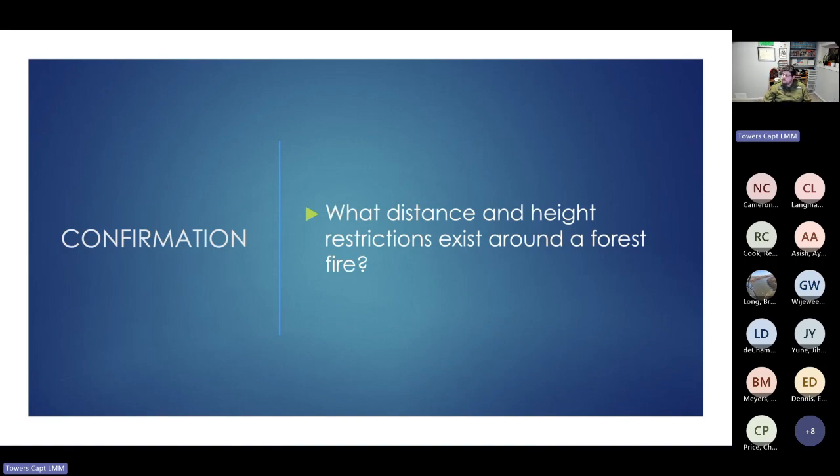You can't fly over a forest fire or within 5 nautical miles of a forest fire. Anyone remember the altitude restriction on that? At more than 3,000 feet AGL. Yep, that's correct. And in any airspace that is described as a note in a NOTAM issued defining the area of the forest fire.